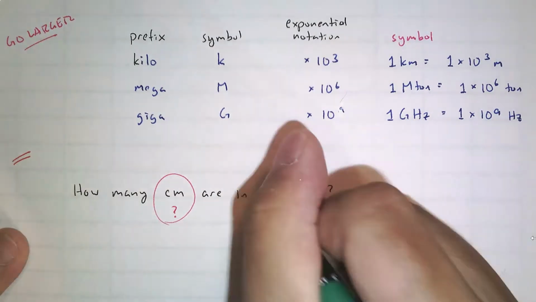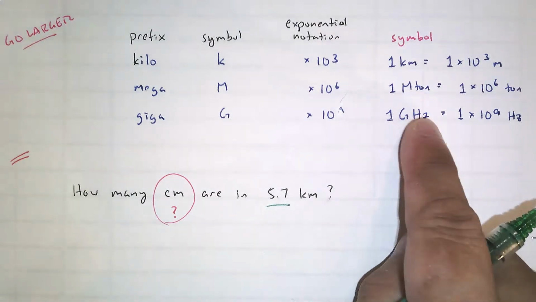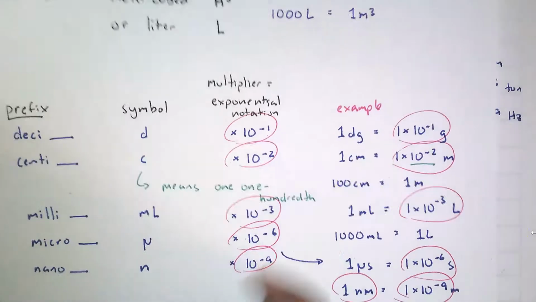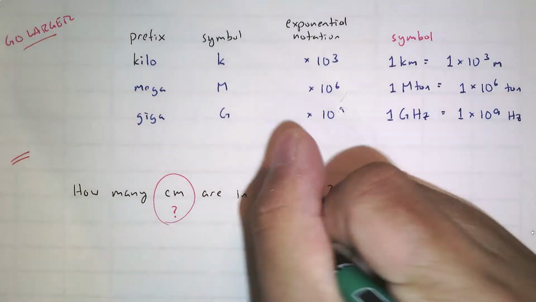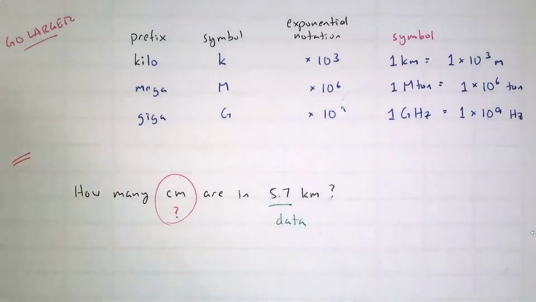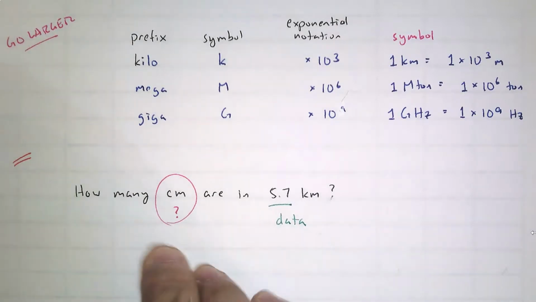This number right here is not a conversion. It's not one of these. It's data. So we have data. The technique of dimensional analysis will help us convert one value into another.